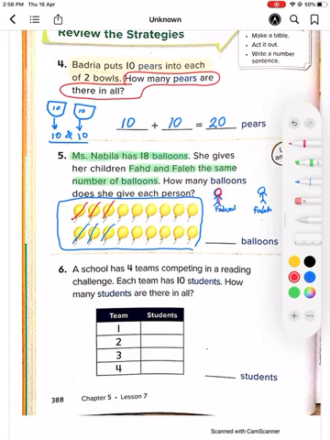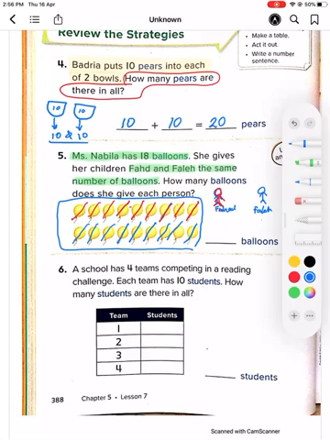Let's draw Fahad in red so they will be the same colors. Again, Fahad, Faleh, Fahad and Faleh, Fahad and Faleh, Faleh, Fahad and Faleh, and the last two balloons, Fahad and Faleh.